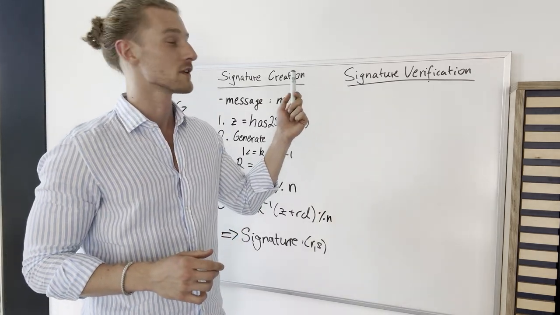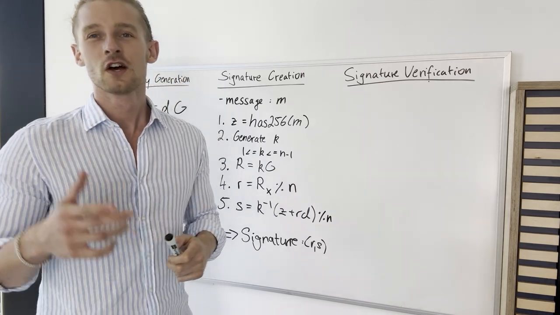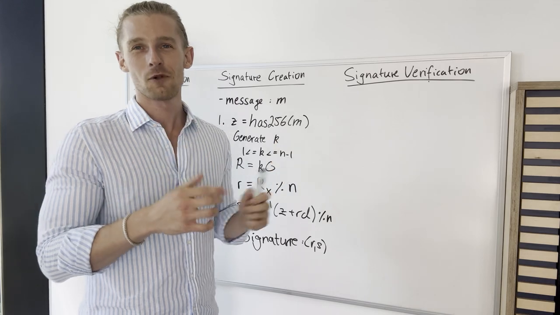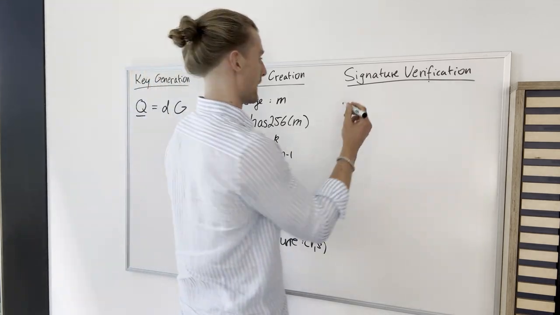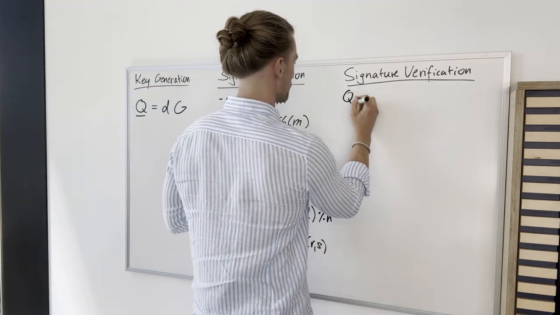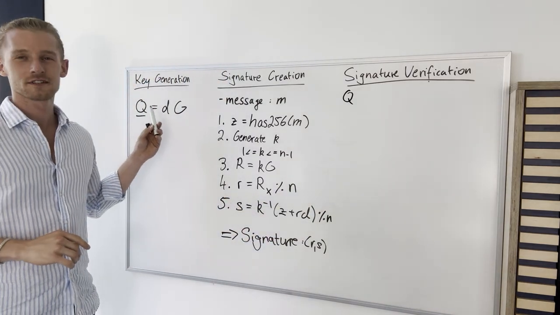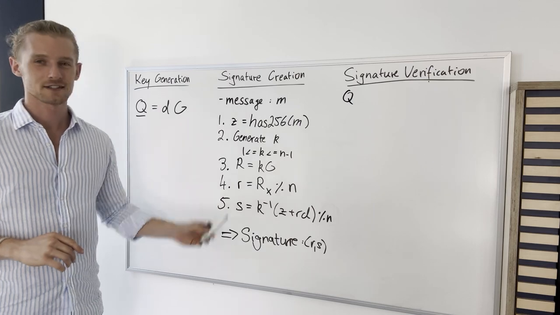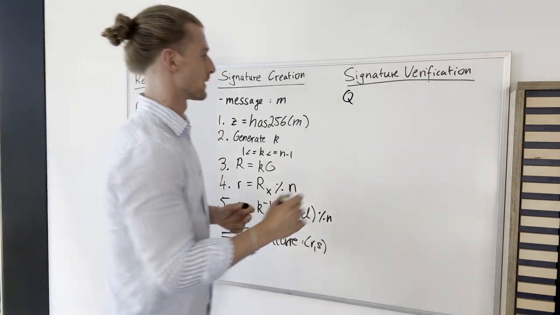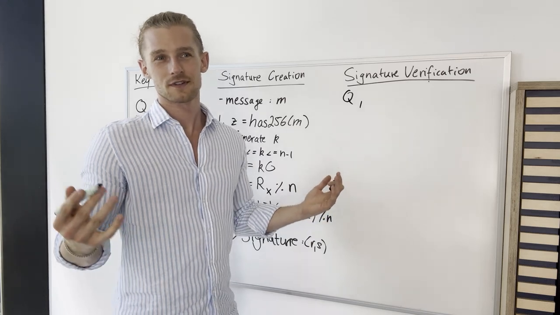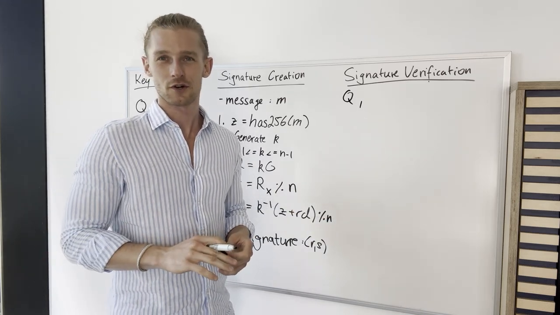Now, moving on to the verification of the signature, we now know that the following variables are all publicly available and known. So we have Q, which is the public key corresponding to the private key that was used to sign this transaction. We also know all of the important variables or parameters from the Bitcoin curve.